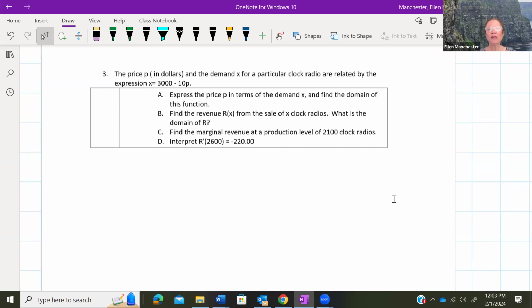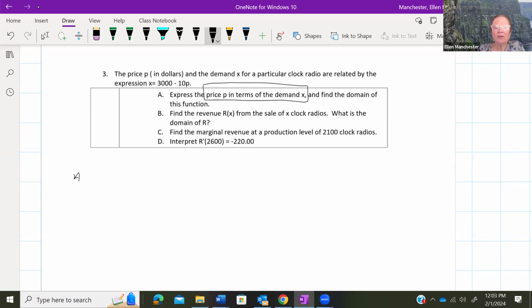Okay, so they give you that the price in dollars and the demand X for a particular clock radio are related by the expression X equals 300 minus 10P. So A says express the price P in terms of X. So whenever it has a statement in terms of, that means the X is what has to be inside the function.